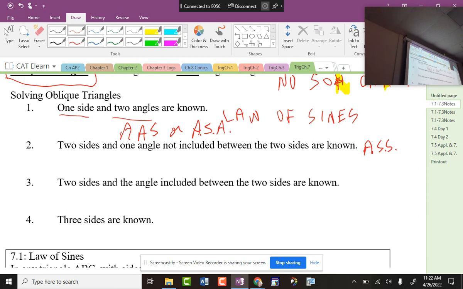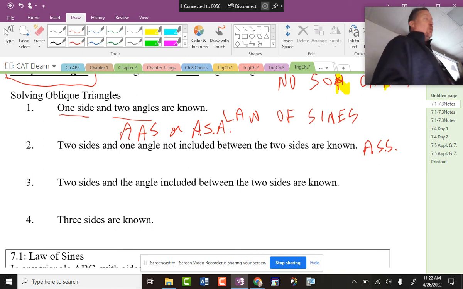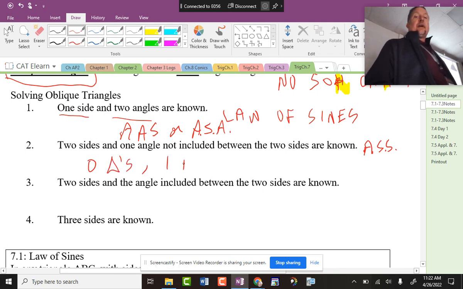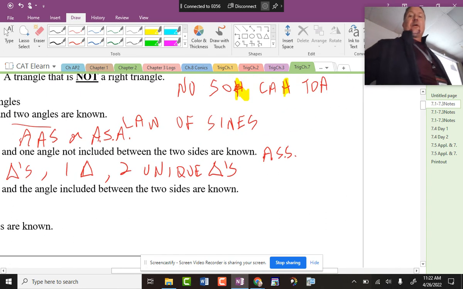All right, this actually creates a big conundrum. This is tomorrow's notes. When ASS is given, you could have 0 triangles, 1 triangle, or 2 unique triangles from the same information. So this is a big siren.